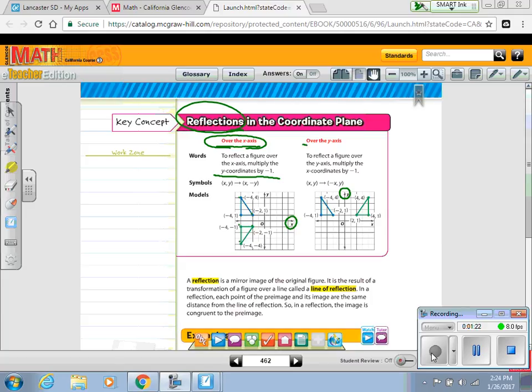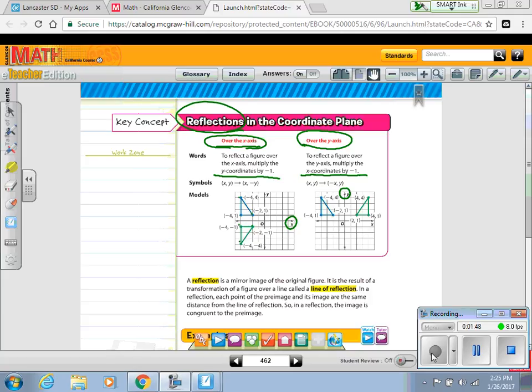Here we have the image flipping over the y-axis. So if it's the y-axis that the image is going to flip around, then you're going to multiply the x coordinates by -1. Because what's changing is the placement of the image on the x coordinates. It's still as high or as low as it ever was on the y-axis.